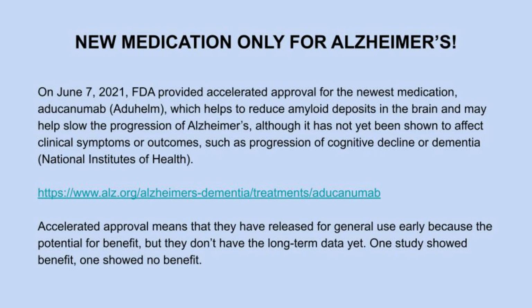So the results, I would say, are inconclusive. So basically, to be continued on this new medication. But it is exciting because at least we have something new, and something that is actually shown to reduce these amyloid deposits in the brain.